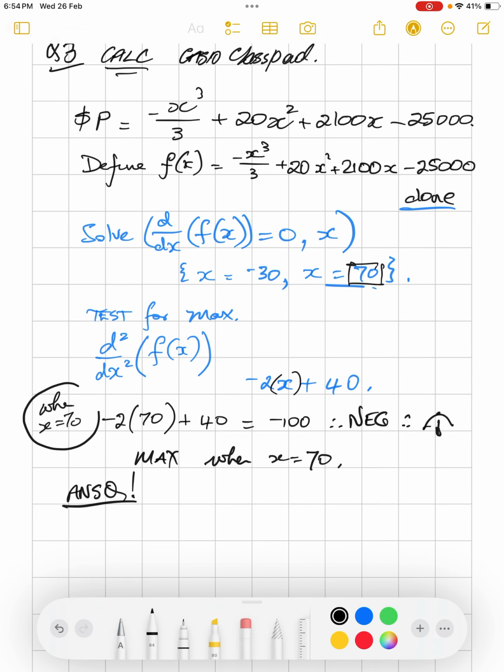So we say for maximum profit we need 70 items. So that's the first part.